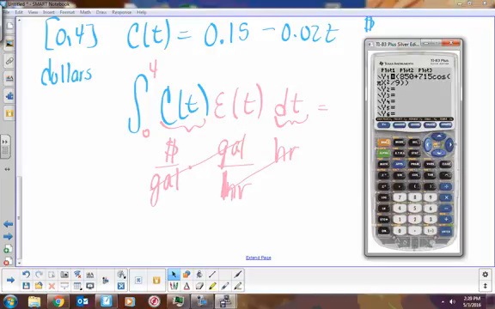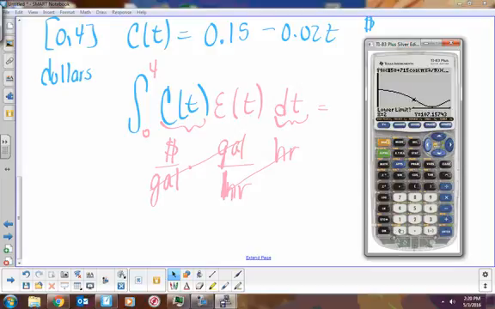So now what am I going to multiply this by? C, which is parenthesis, 0.15 minus 0.02 times my variable. Close the parenthesis. What are we integrating from?